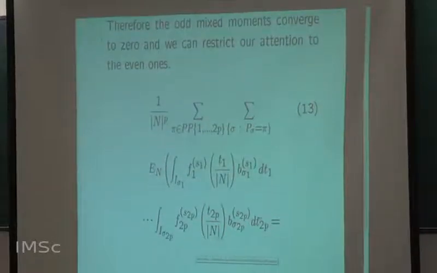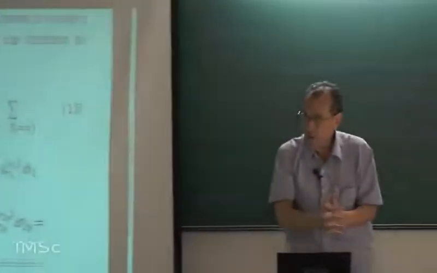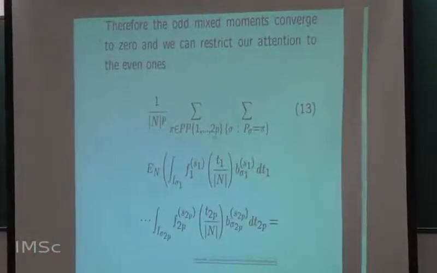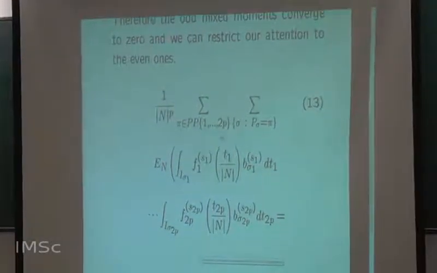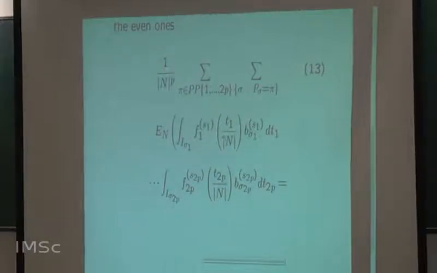From this we deduce that all the odd moments are 0, and in the case of an even moment, only pair partitions survive. This comes from the non-functional central limit theorem. So now we are reduced to a product of even integrals of this form.